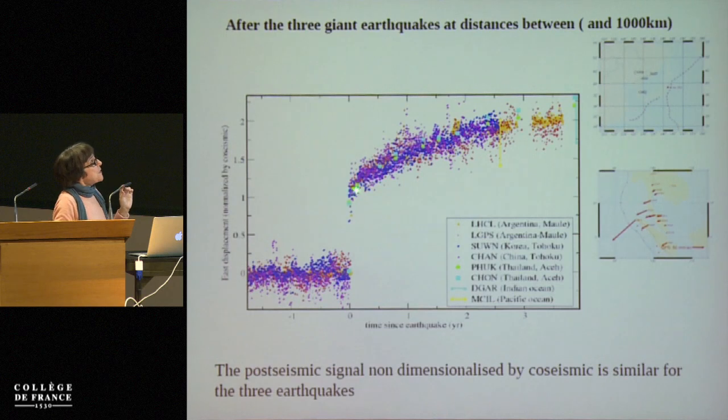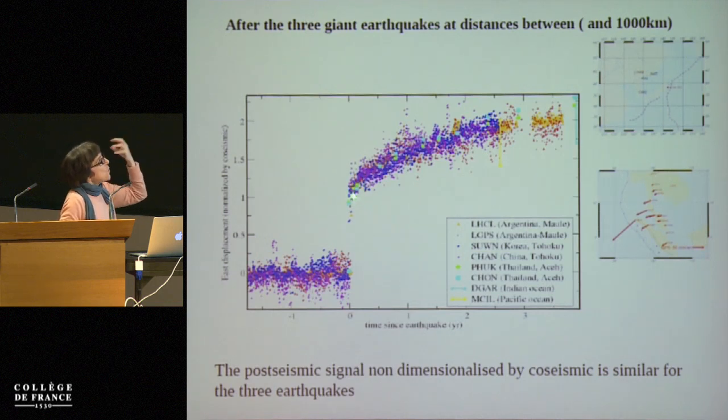So all that you see here is almost raw data. All that has been done is to scale those raw data by the co-seismic deformation so that they're all put to the same co-seismic motion.